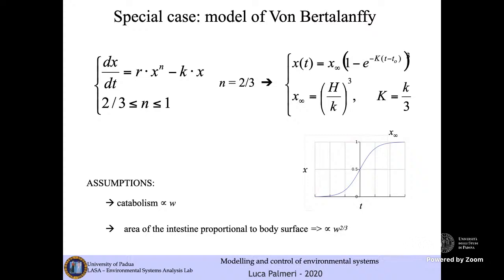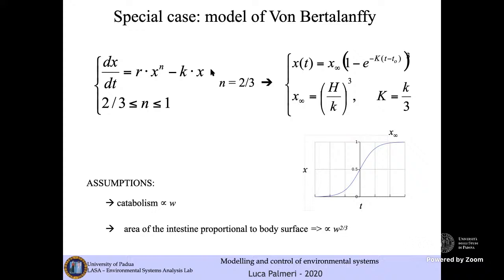A special case of this model is the von Bertalanffy model we have already seen when we were describing growth in a bacterial population. In the case of the von Bertalanffy model, the first exponent is 2/3 and the second exponent is 1.